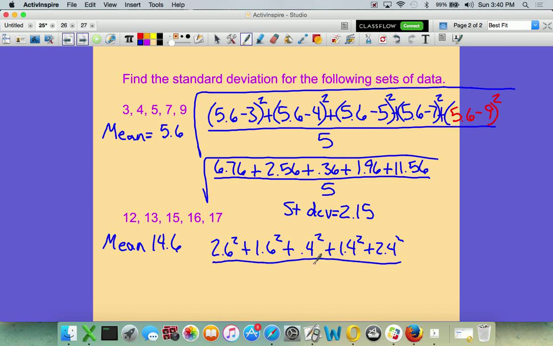Alright, and then we would add all those together, divide by 5, and then take the square root.